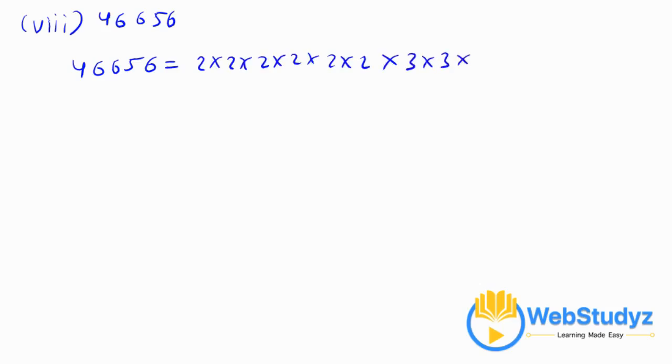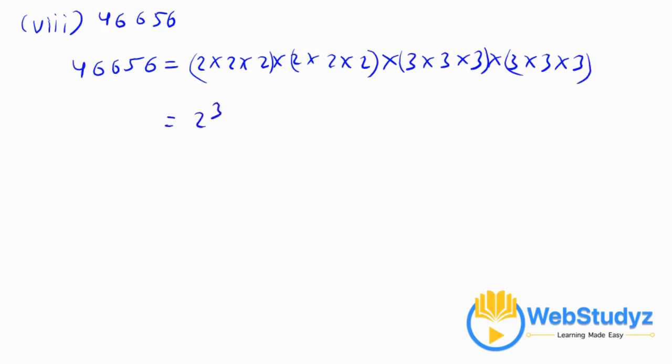Now move on to the eighth one, which is 46656. So the factors of 46656 are 6 times 2 and 6 times 3. So we can make 2 triplets of 2 and 2 triplets of 3.